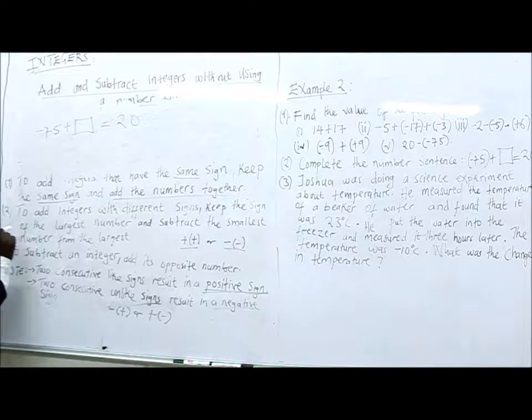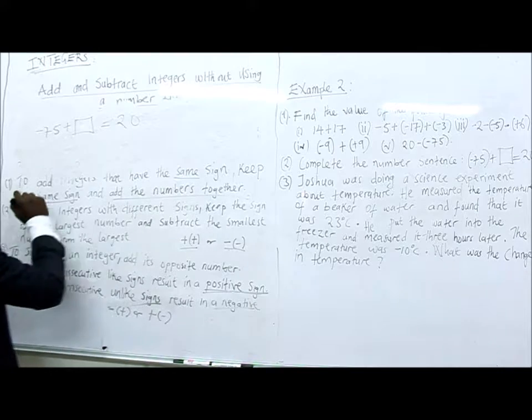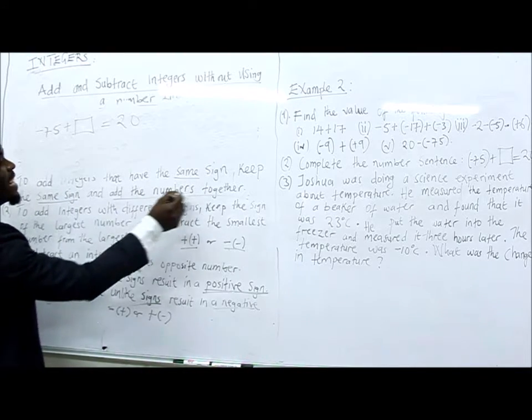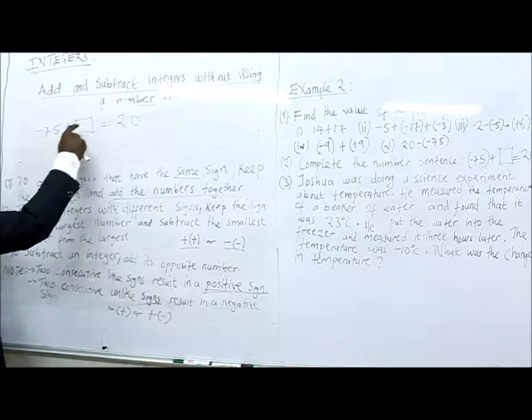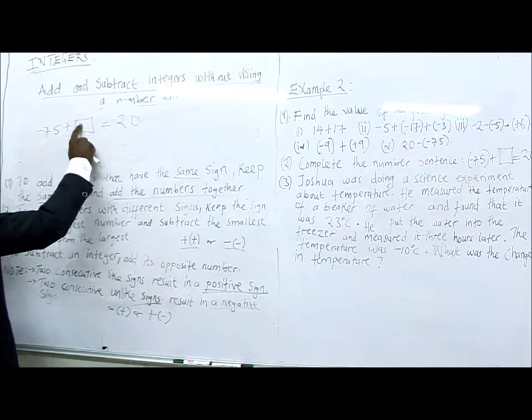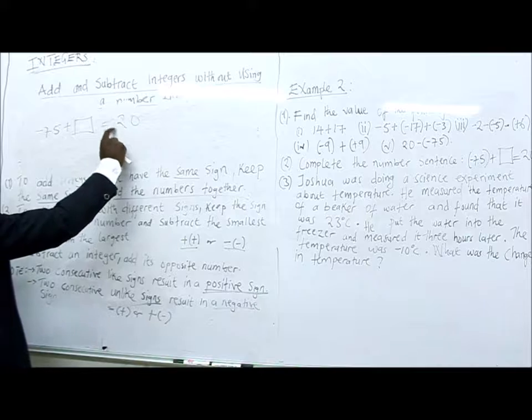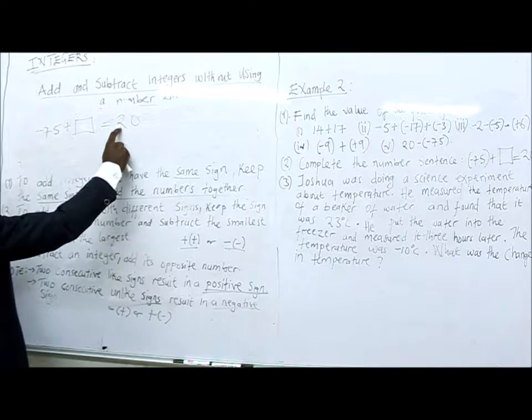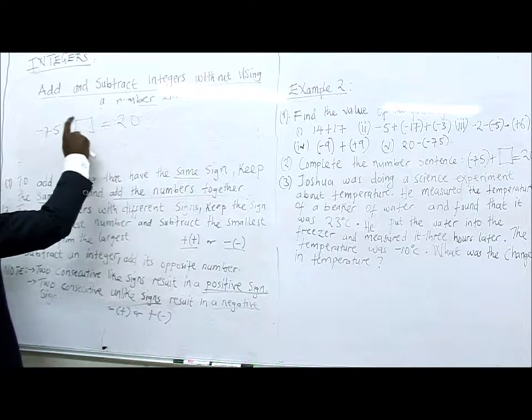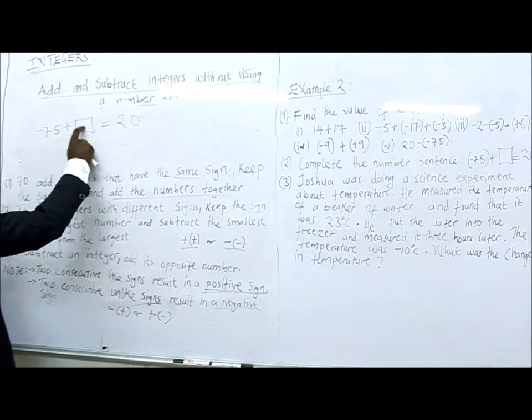Here it's saying, when you are adding numbers that have the same sign, keep the same sign and add the numbers together. Here we have got a negative 7. If this number has got a negative 7 inside here, then the answer here should be a negative. Now, since our answer is negative, it implies that the sign which is here is a positive.